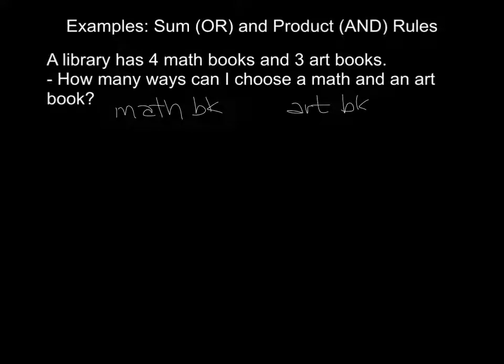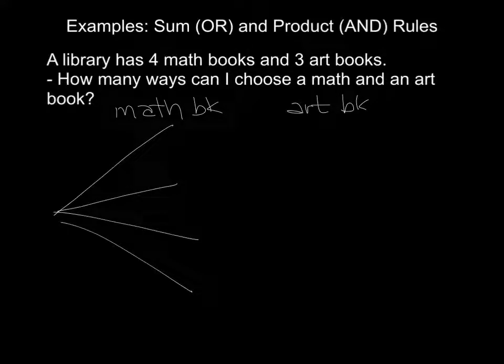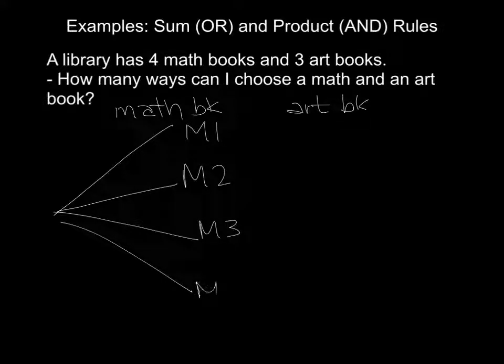So in stage 1, there are 4 math books to choose from. And we're going to title those books very unoriginally, Math 1, Math 2, Math 3, and Math 4. So for each of these outcomes, if we choose, for example, Math Book 1, then there are 3 art books in stage 2 that we can choose from.